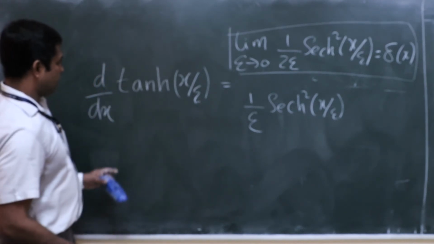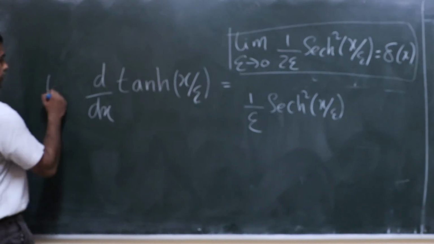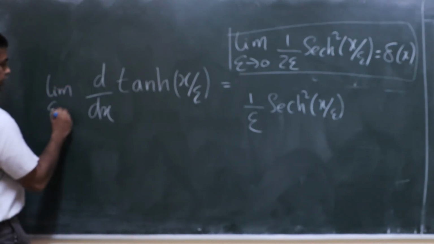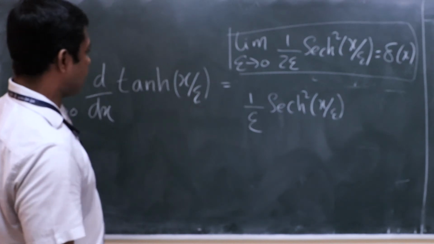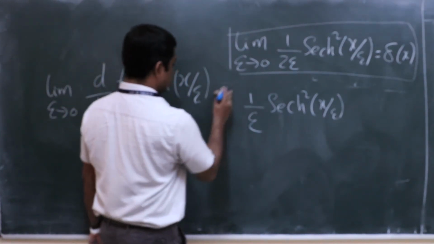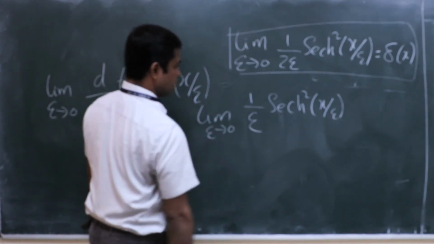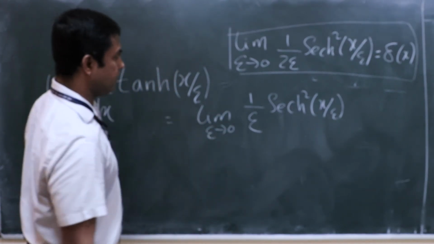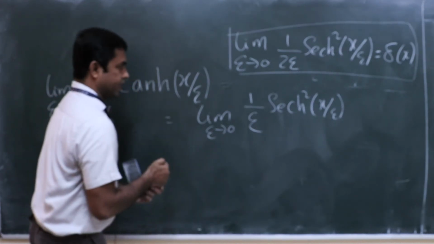Now, when I take limit epsilon tends to 0, what happens to the right hand side? Here also I have to put limit epsilon tends to 0. So what do I get on the right hand side? 2 delta x.